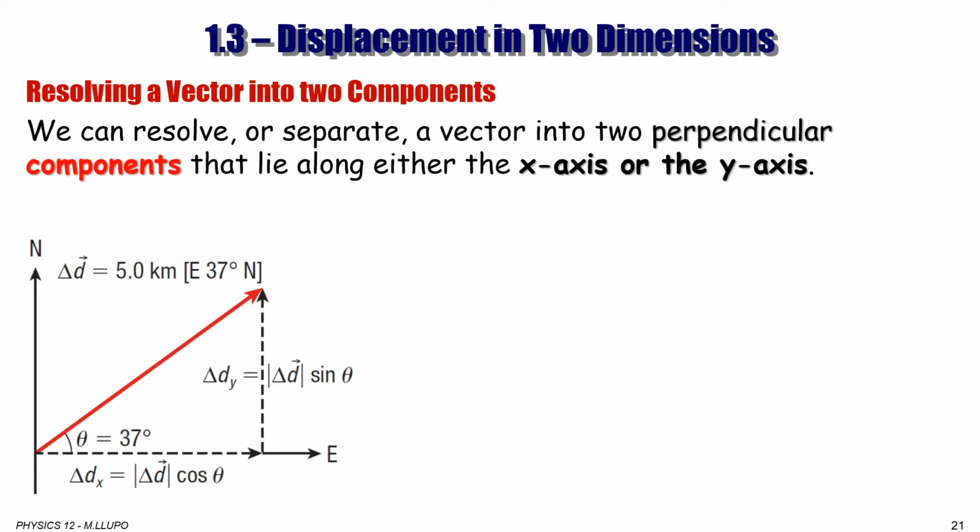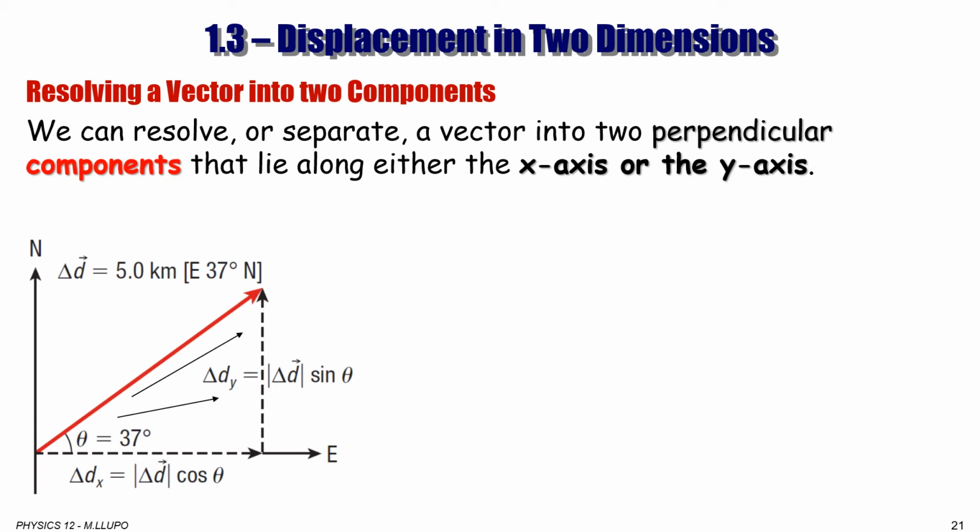So using SOHCAHTOA, or using anything that works for you, looking at it from the angle, you can use sine for the y component, which is delta dy equals delta d sine theta, and beside that angle you can use delta dx equals delta d cosine theta.